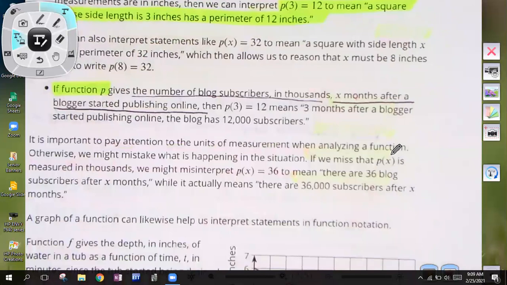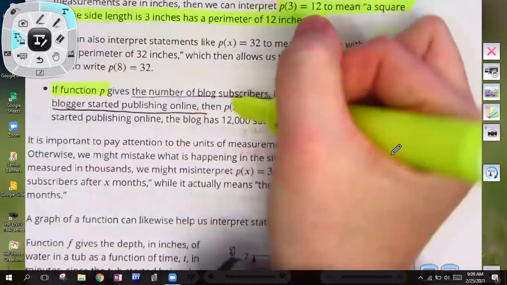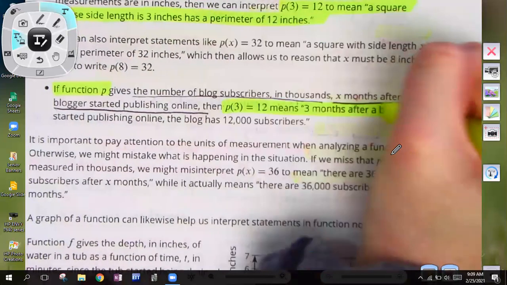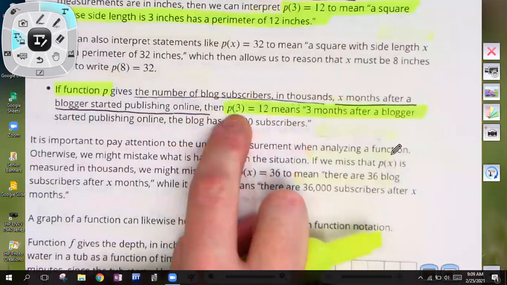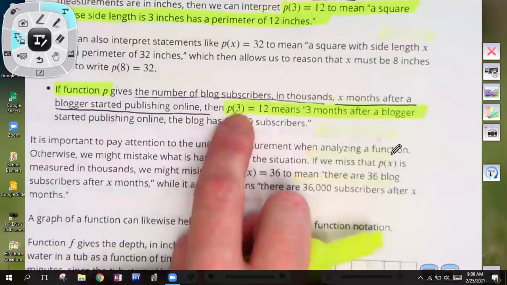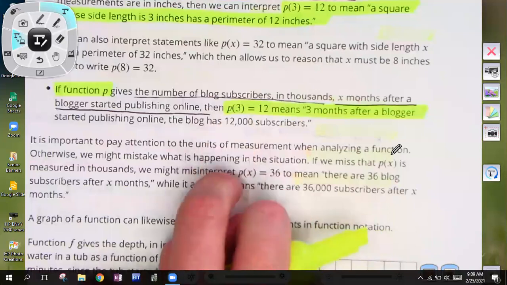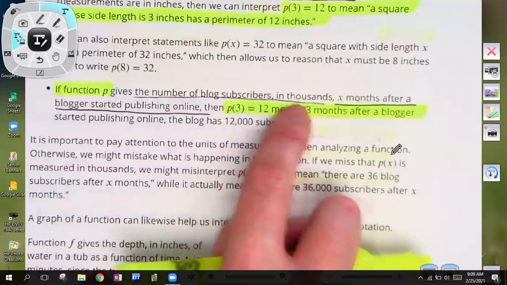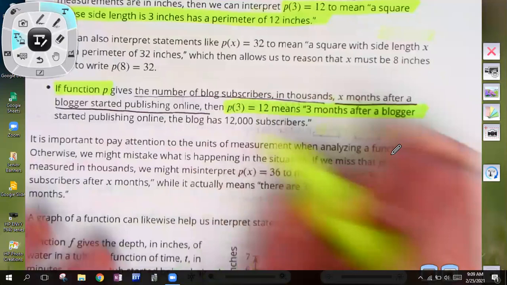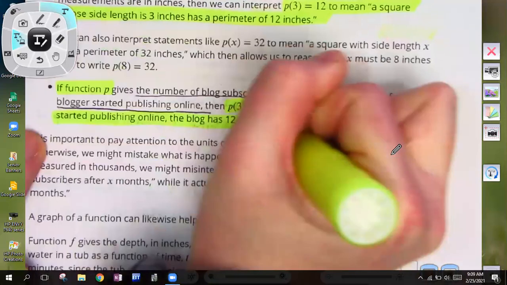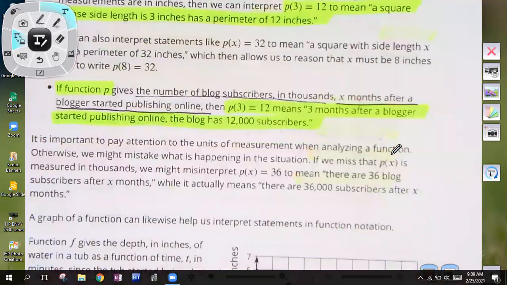All right, so we have P(3) = 12. So if x represents the months, how many months have gone by? 3. And how many subscribers do they have? 12,000. Pretty good after 3 months. They're doing something right.